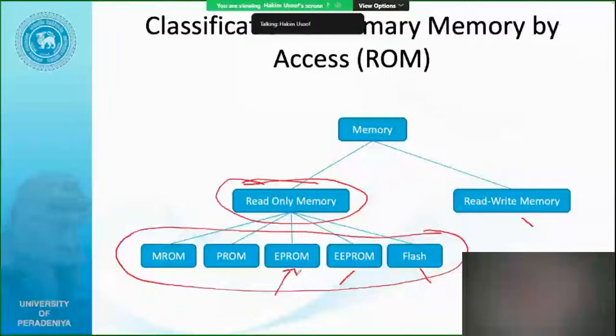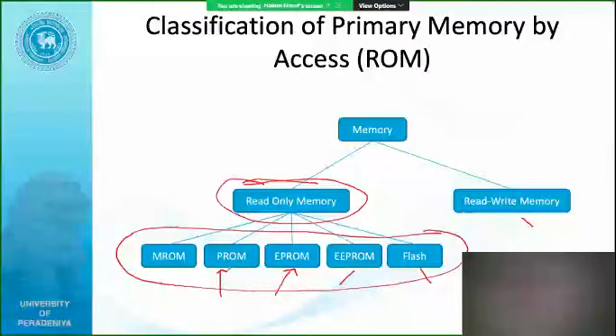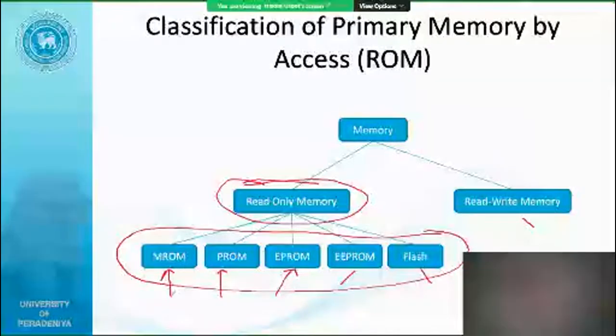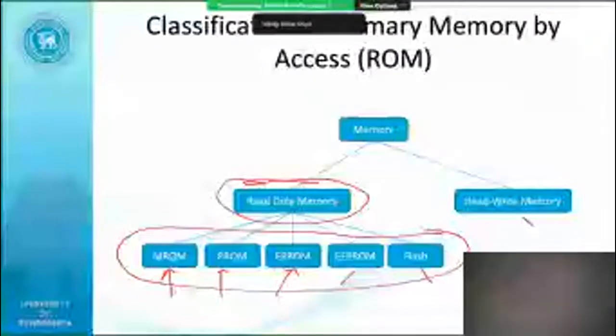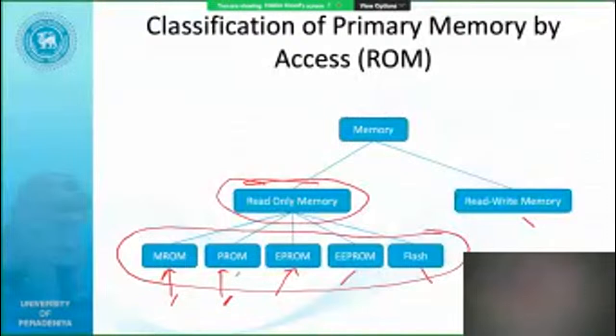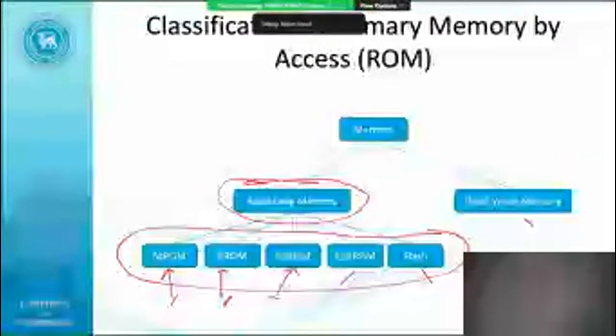These are programmable read-only memory, where they are actually made itself, right? So they are made as a blank chip. You can write a program. This is where you can erase and write.